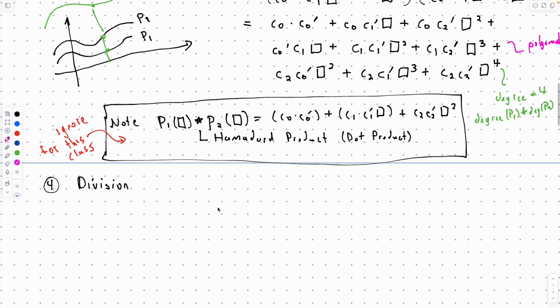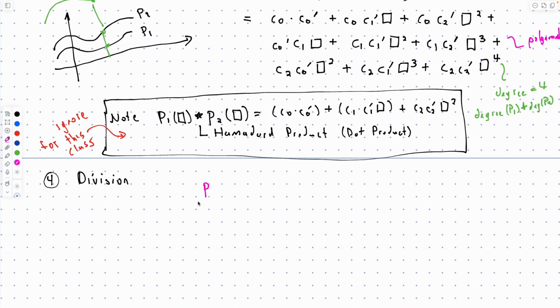So if we think of P1 divided by P2, the first thing is we don't have division mod Q. What we really mean here is P1 times the inverse of P2.